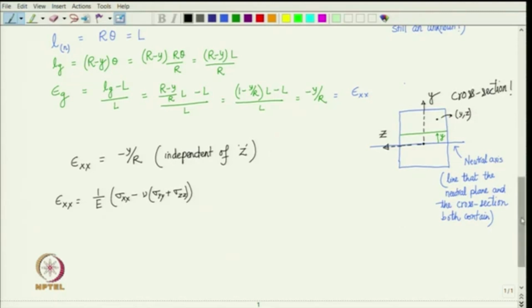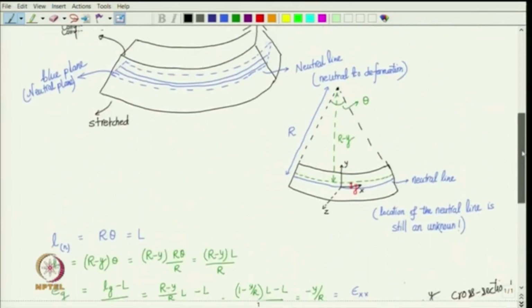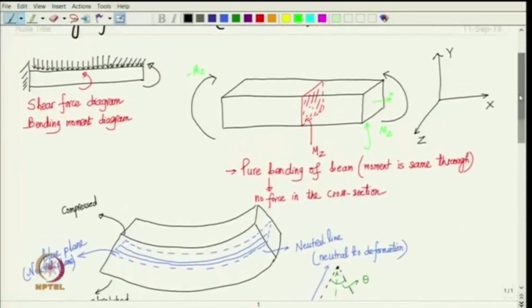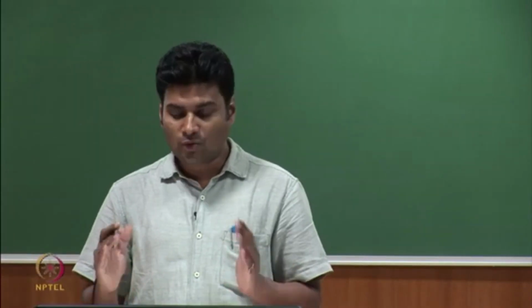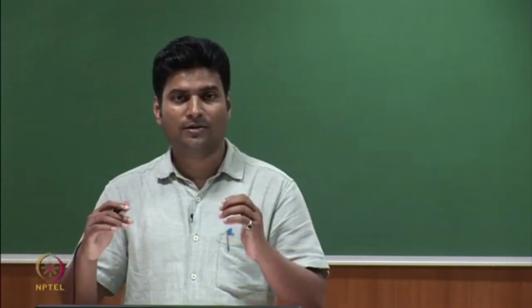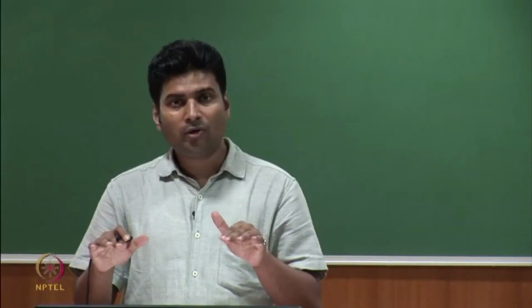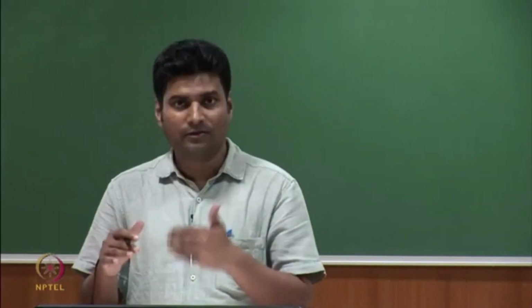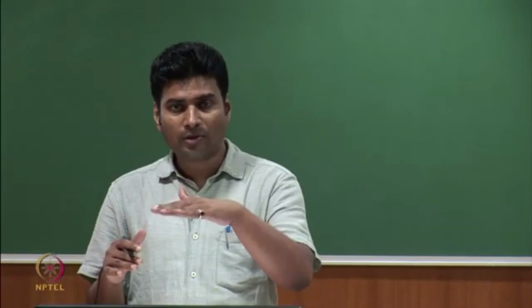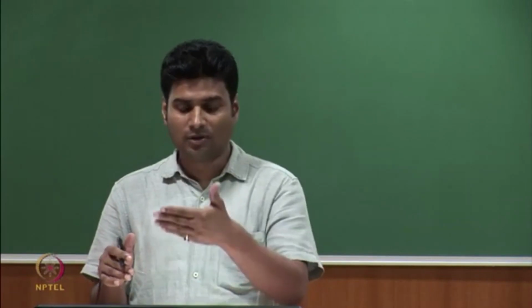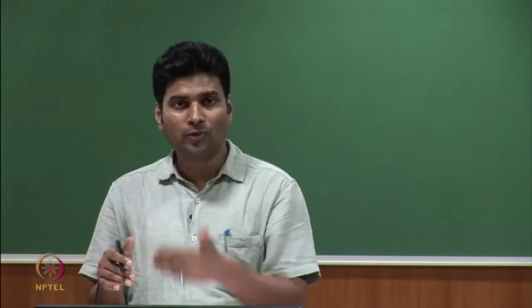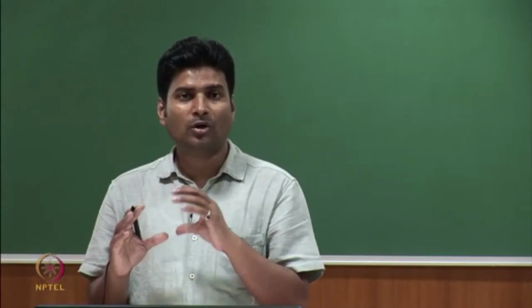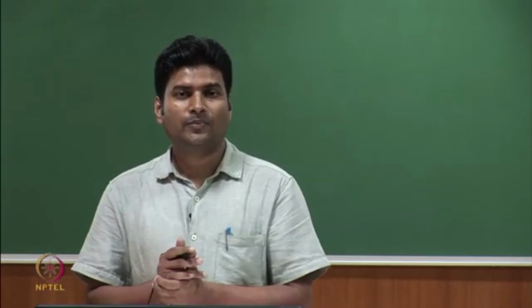Now, look at the beam again. We said that this is the case of pure bending. So, we are only applying moment at the two end cross sections, and we are not doing anything on the lateral surface, on the top surface or the bottom surface or the front surface or back surface. On each of those four surfaces, we are not applying anything.